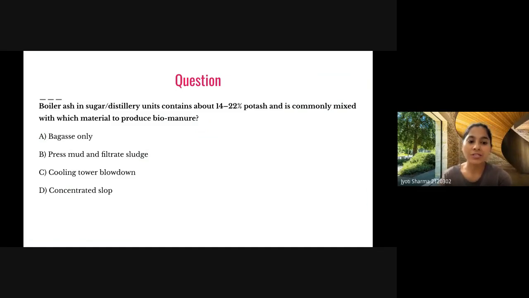Boiler ash in a sugar distillery unit contains about 14 to 22% potash and is commonly mixed with which material to produce biomanure? Whenever we are burning molasses, let's say, that will give high potash concentration. So we have to mix that potash with something to produce biomanure. So we have to mix it with what?